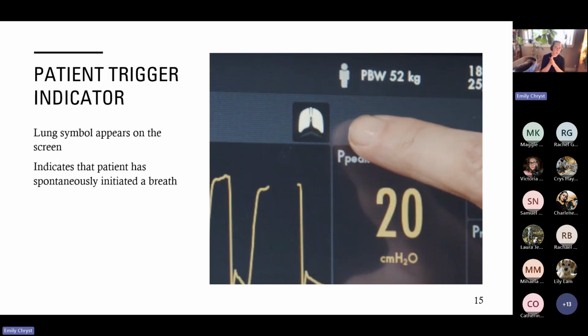One other thing that I wanted to point out on here is the patient trigger indicator. These are a little set of lungs that will appear on your ventilator every time the patient spontaneously initiates a breath. This is going to be important for monitoring. Of course, there are going to be some times when we want patients to start breathing on their own. So we're looking for this. We want to see this. There are times when we don't want this.